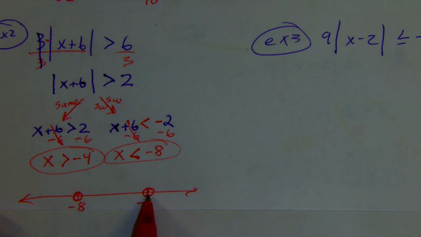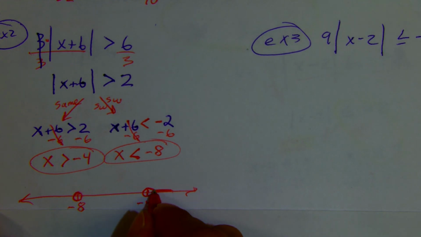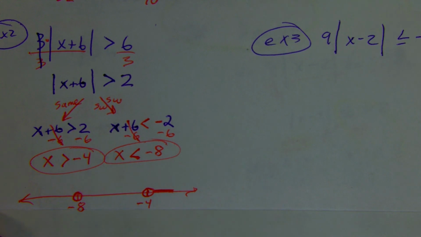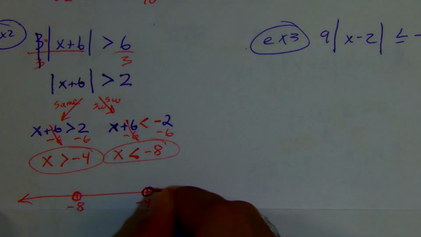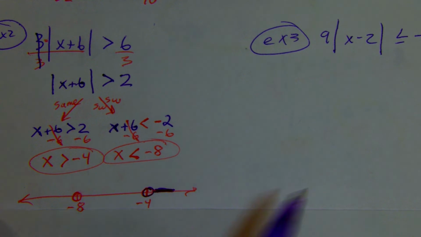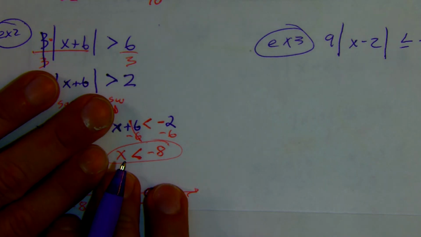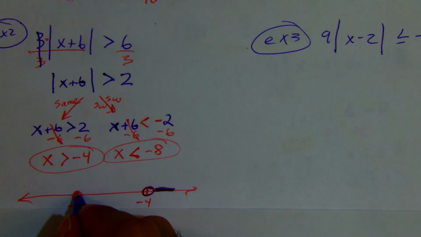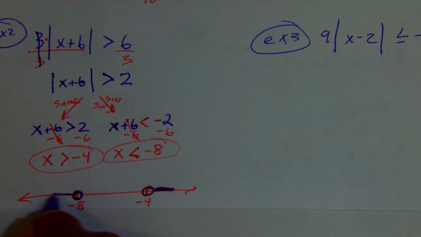Here's -4. Which values are greater? -3, 2, 1, 0, 5, 1,000, billion, trillion. This is x is greater than -4. It's going to go in that direction. Open, that direction. Then I look over here and I just focus on the other statement. X is less than -8. Here's -8. Which values are less? -9, -10, -billion, -trillion.